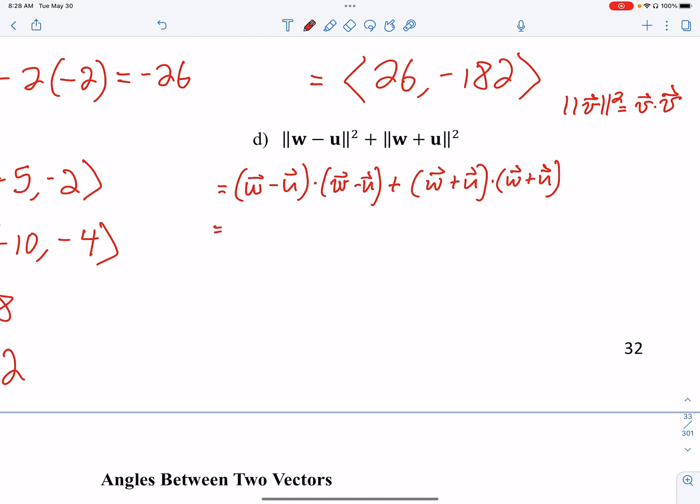So this is w dotted with w, minus u dotted with w, minus u dotted with w, plus u dotted with u. Then we get the same thing here, except we're going to have a plus for each one of these.